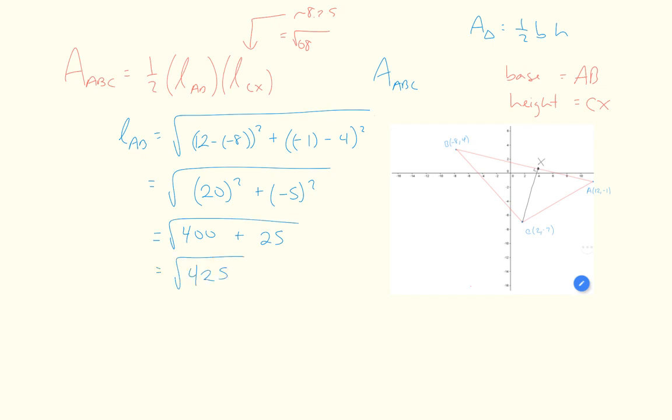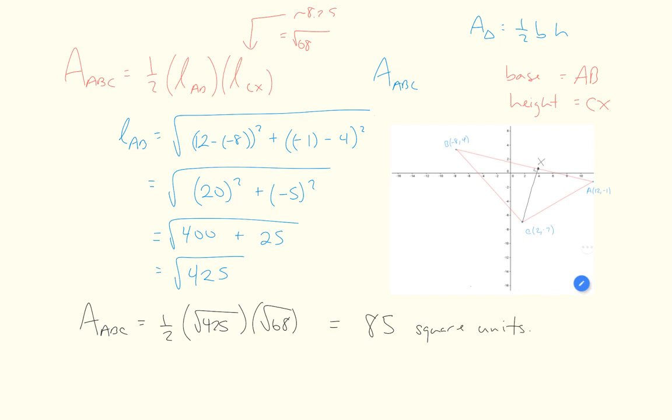Now, that can equal something. I don't even really care too deeply about approximately what the square root of 425 is, because all I'm going to do is sub that in to the area of ABC, and it's half times the square root of 425 times the square root of 68. And when I punch that right into my calculator, 0.5 times square root of 425, looks kind of messy, times square root of 68 equals, my calculator actually spits out a beautiful whole number that the area of ABC is exactly 85, I guess we call them square units.